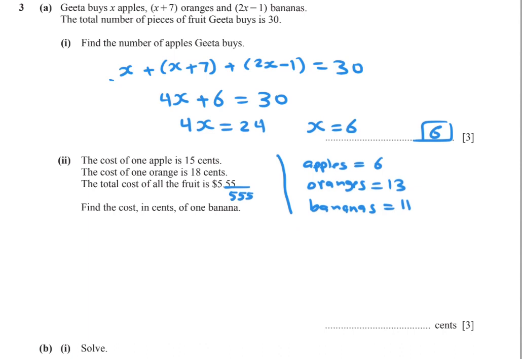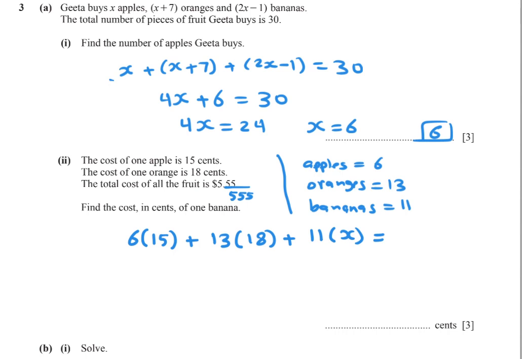Cost of apples: the number of apples times the cost of one apple, so 6 times 15. Cost of oranges: the number of oranges, 13, times the cost of one orange, 18. Cost of bananas: the number of bananas, 11, times the cost of one banana. We don't know it, so we write x.